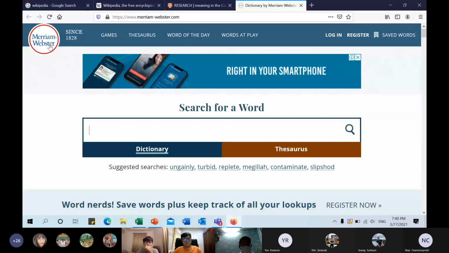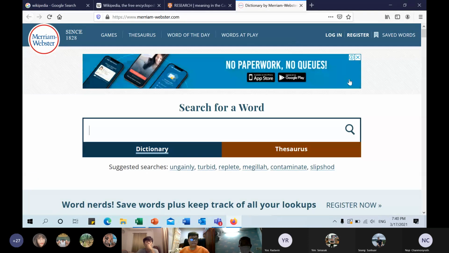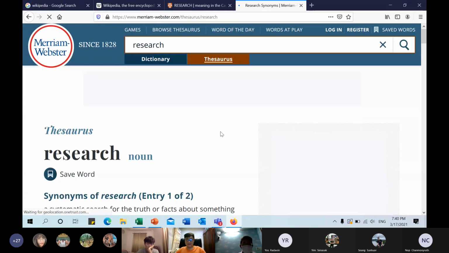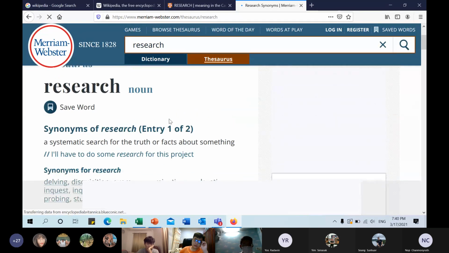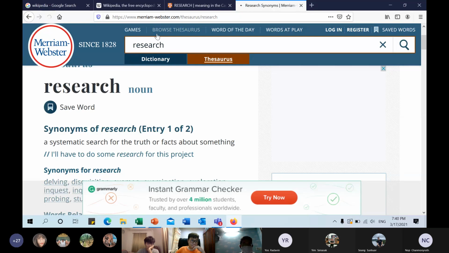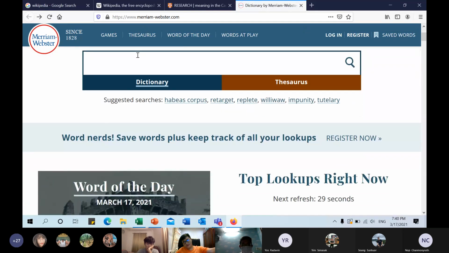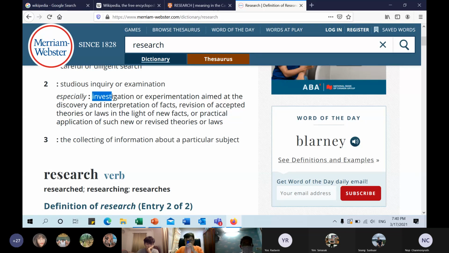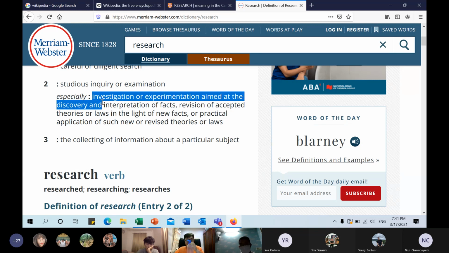I think Merriam-Webster is quite famous. So look at research. According to Merriam-Webster, research is investigation or experimentation aimed at discovery, like you said, the process of discovering knowledge.